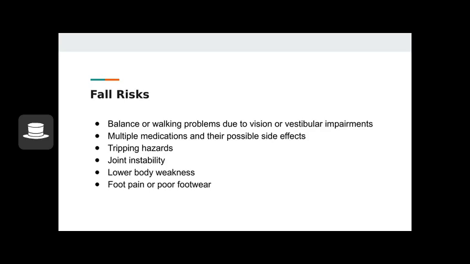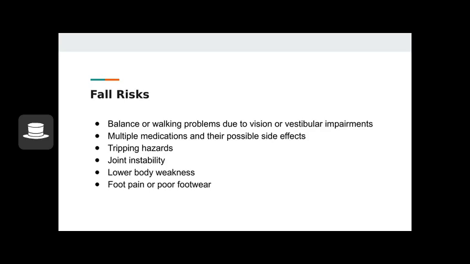Joint instability, if we have weak musculature, then we may not be able to withstand different movements, especially in load or weight bearing joints, such as the knees, hips, or ankles. If we have lower body weakness, again, that is similar to joint instability with weak muscles. And that's where strength comes in.